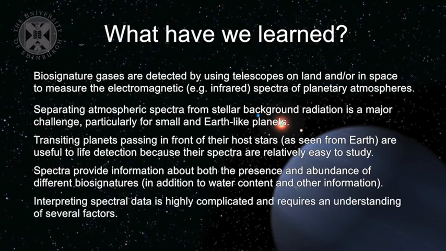We've also learnt, though, that interpreting spectral data is highly complicated and requires an understanding of many different factors, not least the technical specifications of the telescopes you're using to detect this light spectra, but also understanding what sort of gases might be produced by biology and whether those gases could also be produced by non-biological processes. But nevertheless, this is a very exciting area of astrobiology, trying to decide what sort of biosignatures we could look for to detect life on exoplanets.